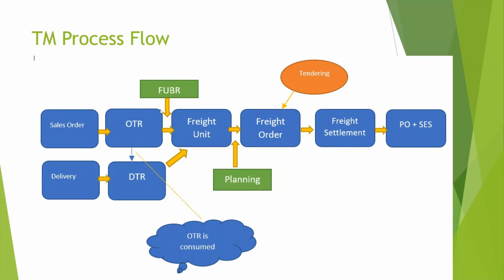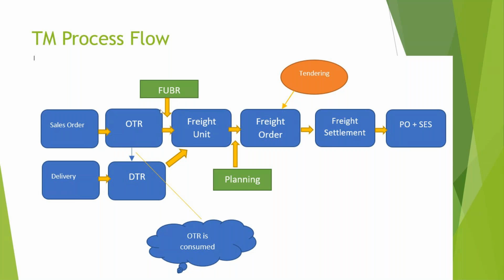Like you already have one ECC box, and you have your own transportation management box in a separate instance, and you are communicating from your ECC system to your transportation management system. In that case, your OTR comes into the picture.